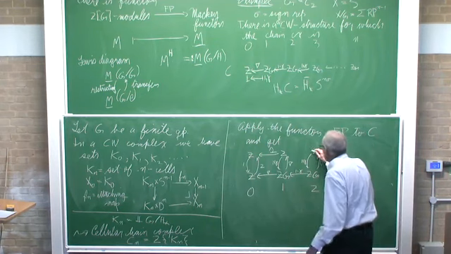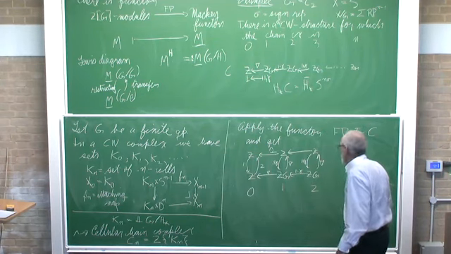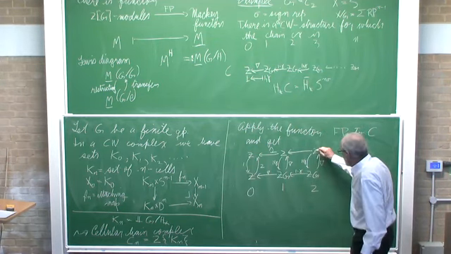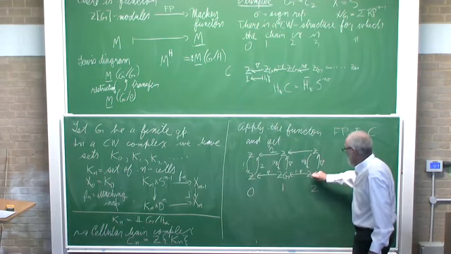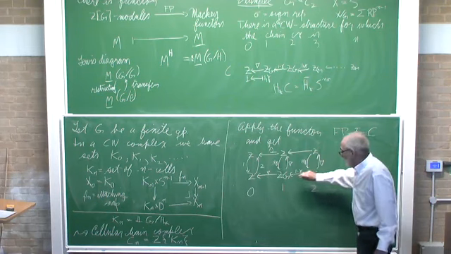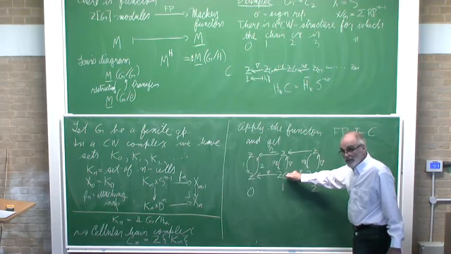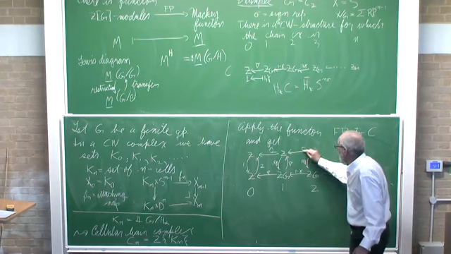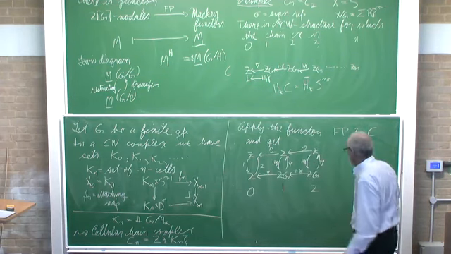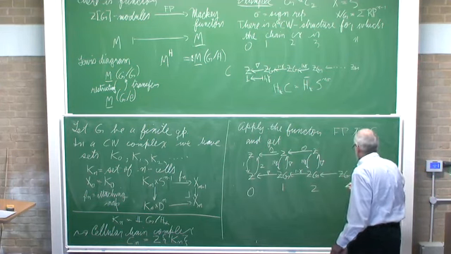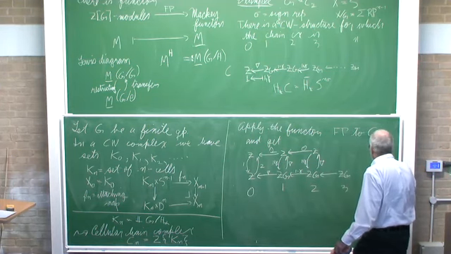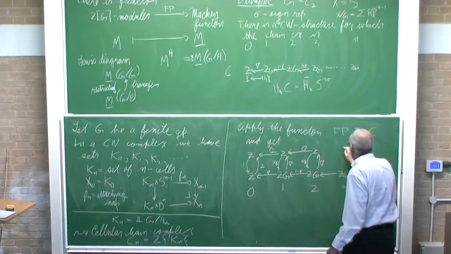All right, now let's do the same thing here. So I can use the same trick. I can take the generator here. It maps to 1 plus gamma here. That gets multiplied by 1 minus gamma here, which gives me 0. So this map is 0, and so on. I'll stop at 4.